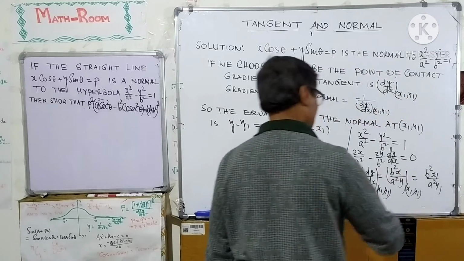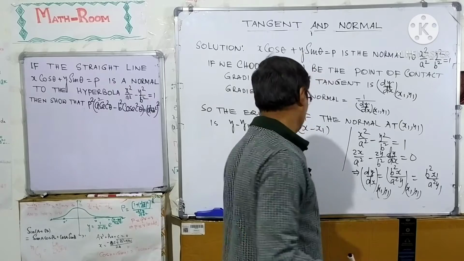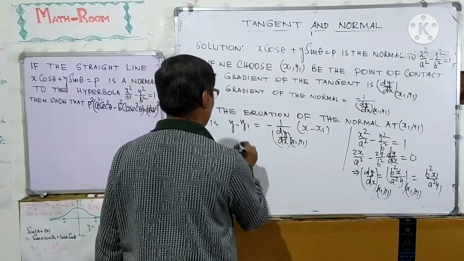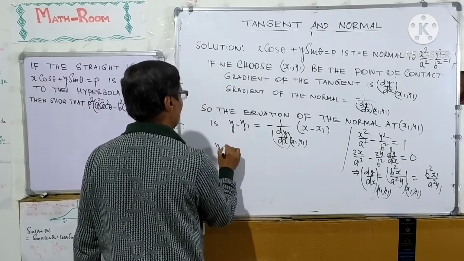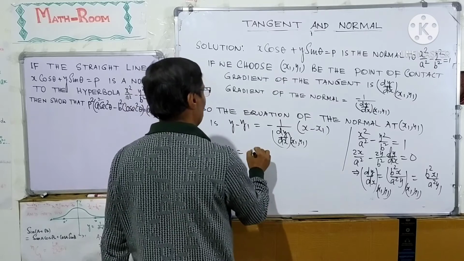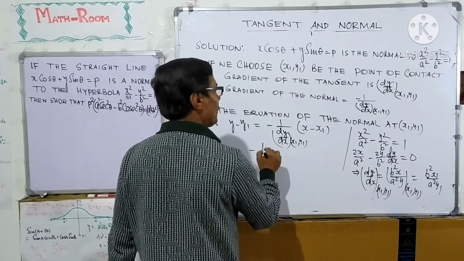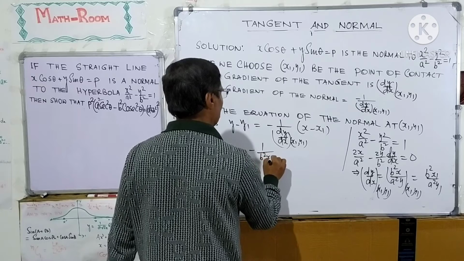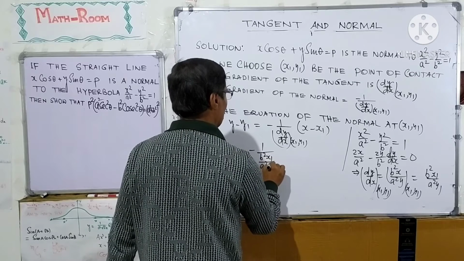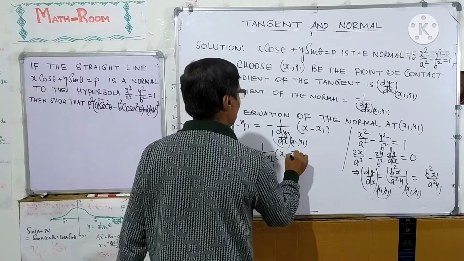This is the value of dy dx at x1 y1. So the equation of normal is y minus y1 equal to minus 1 over b square x1 over a square y1, into x minus x1.